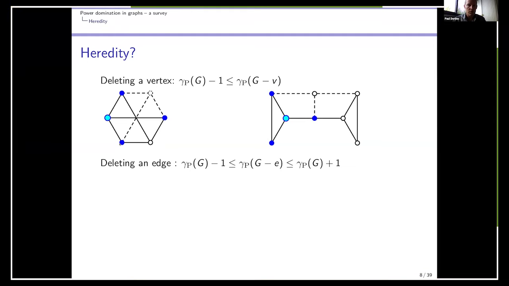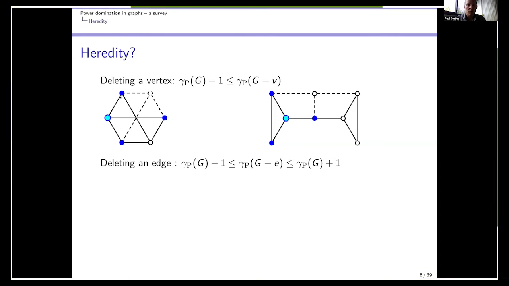But I can also increase it by an unbounded value. For example, if I take this graph here, I put this vertex in the power dominating set. If I have both the dashed vertex and the other vertex, this is a K33, and this graph needs two vertices to be power dominated.